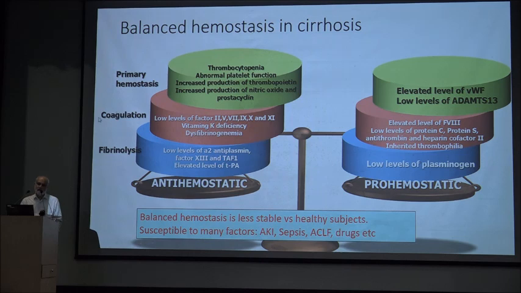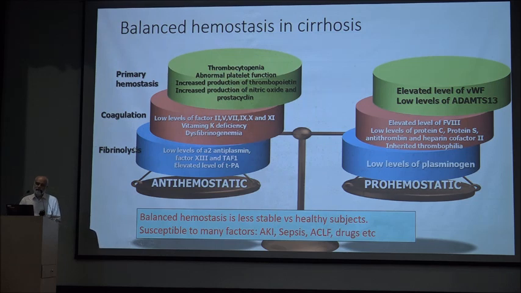Similarly, for the secondary coagulation, low levels of various factors and dysfibrinogenemia are anti-hemostatic, whereas increased levels of factor VIII and low levels of protein C and protein S. We know protein C and protein S are inhibitory, so low levels means that they are pro-hemostatic in this sense.